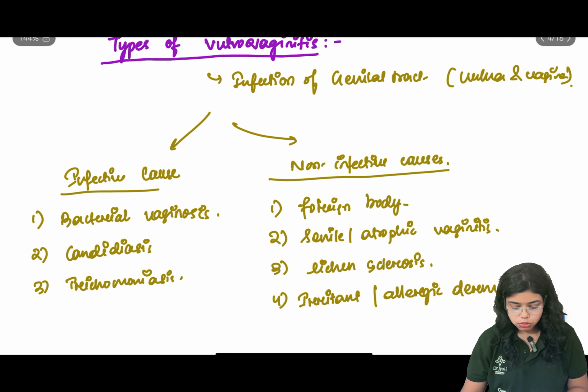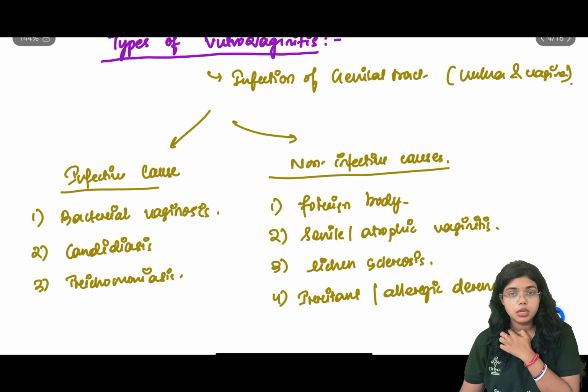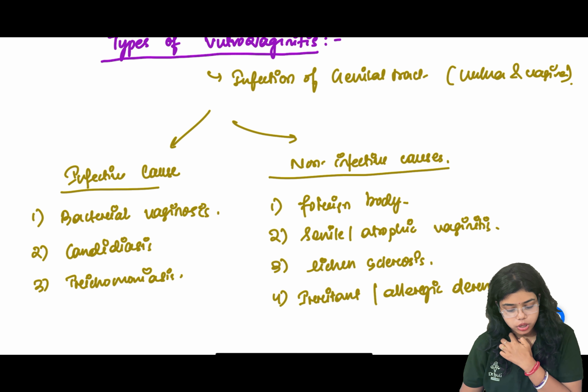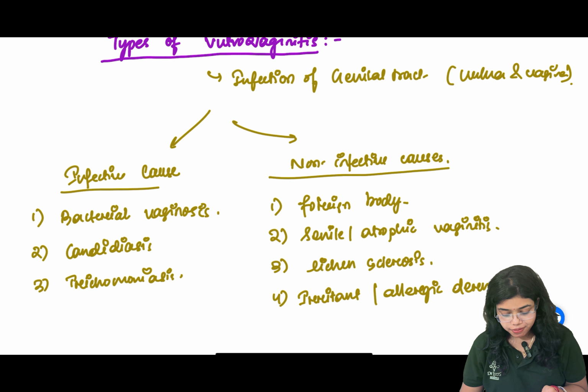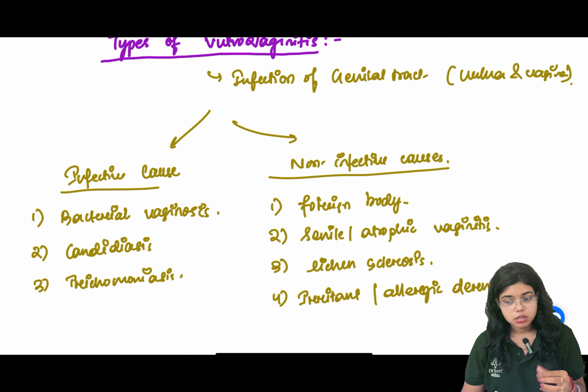Okay, so these are the types. First it is infective cause and non-infective causes. In infective causes there is bacterial vaginosis, candidiasis, trichomoniasis, and in non-infective causes like foreign body, if any foreign body is stuck into the vagina or vulva, then there will be continuous discharge, and that is also pathological. But as there is no infection, it is a non-infective cause.